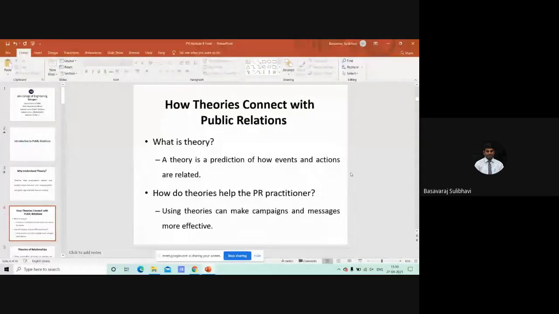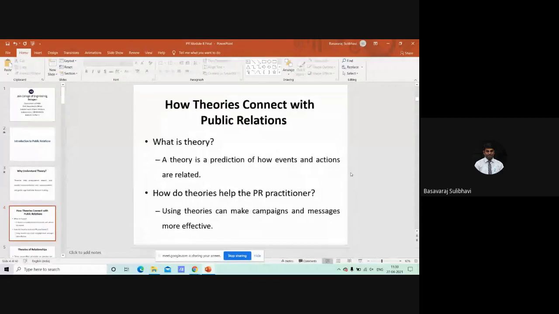These theories help them come up with a good campaign, as well as the type of message they deliver to the public. The message should be effective enough to reach the desired goal of getting an ultimate behavior change in the public, or target audience.